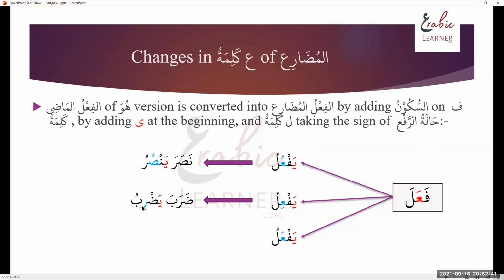Daraba is fa'ala, yadribu is yaf'ilu. Now the example we can get for fa'ala yaf'alu is fataha yaftahu. Fataha, he opened. Yaftahu, he opens.